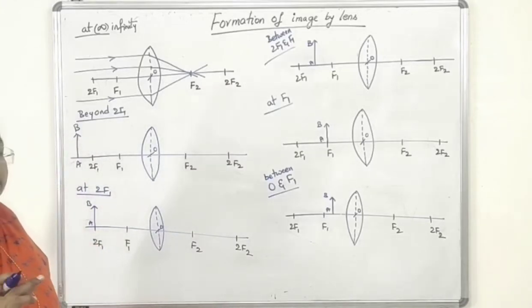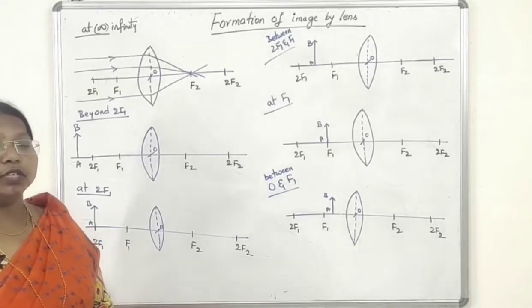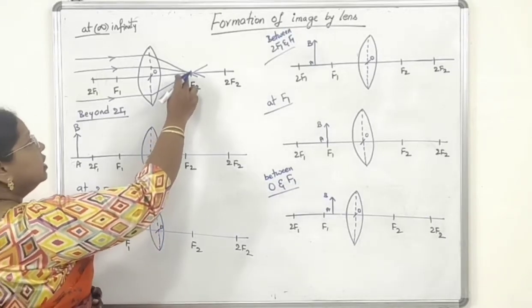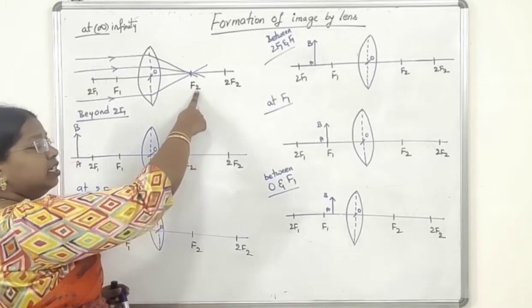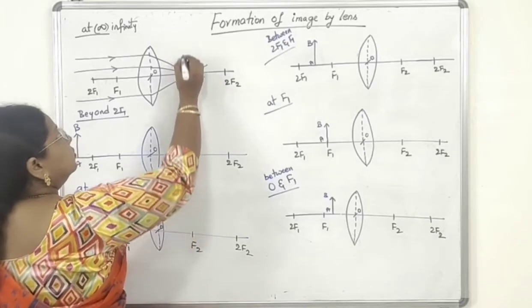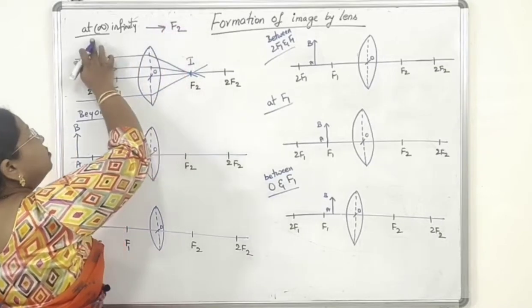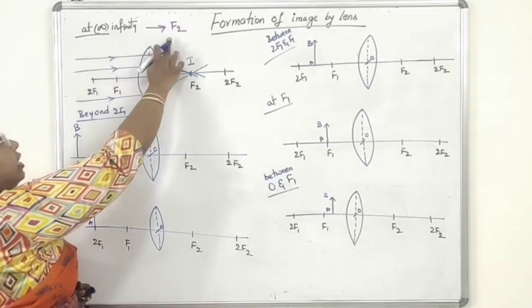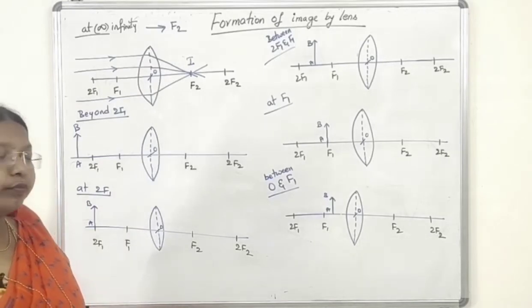When these 2 rays meet, that point is called your image position. So where is your image now, students? Image is at f2. When the object is at infinity, the image is formed at f2.